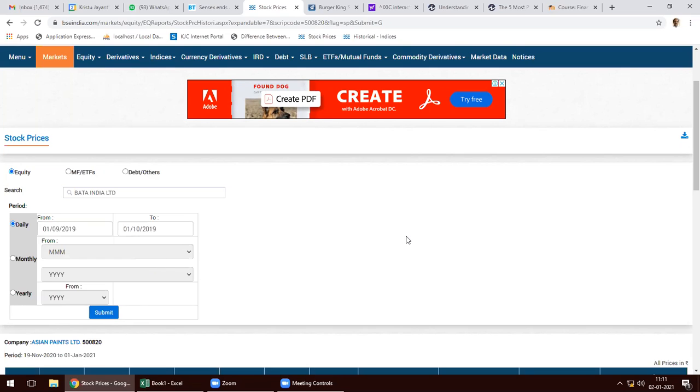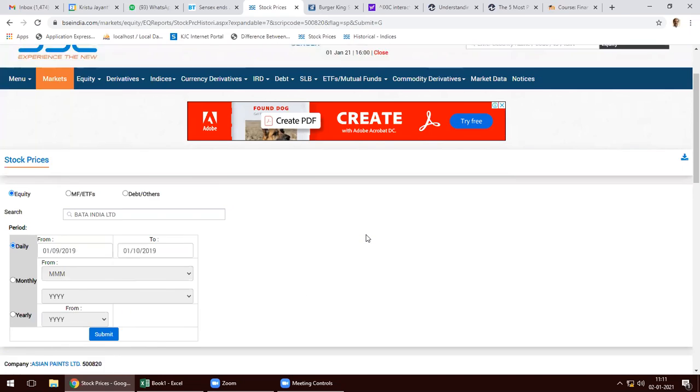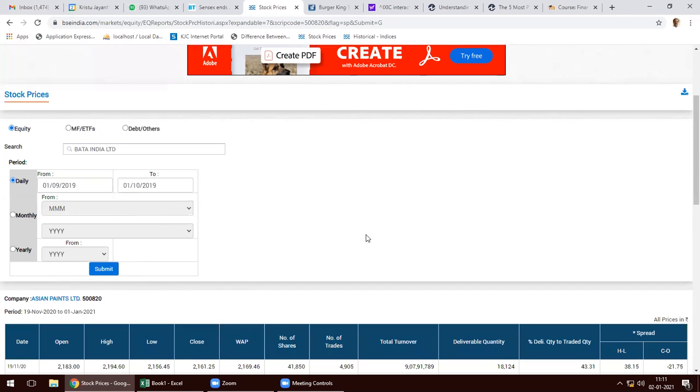So 1/9/2019 to 1/10/2019. So you can also select first the name of the company. You can select your desired company, not essential that it be Bata.